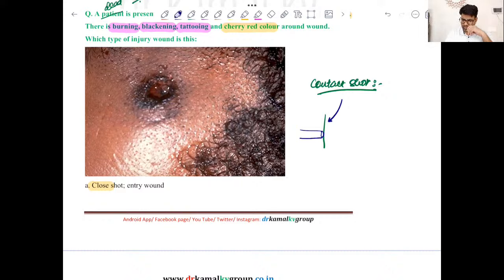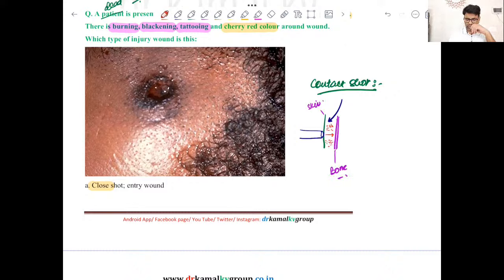Deep to this, say this is skin. Okay, deep to the skin there is bone. So this is the bone. Now what will happen whenever there is a contact shot? There will be the bullet which will come out, and because of this there will be a lot of gases here.